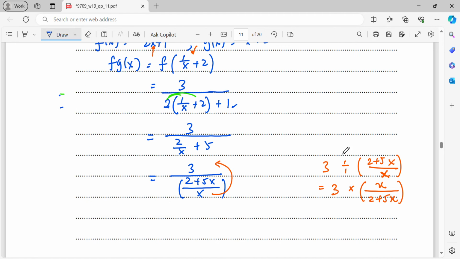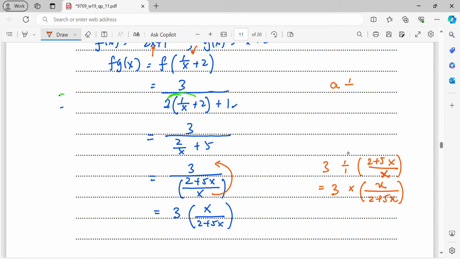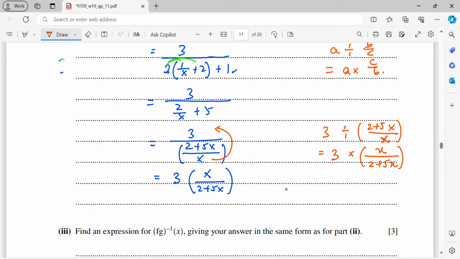Because we have a formula: A divided by B over C is the same as A times C over B. That is the formula that I'm using. So therefore, you will be getting the answer as 3x over 2 plus 5x.